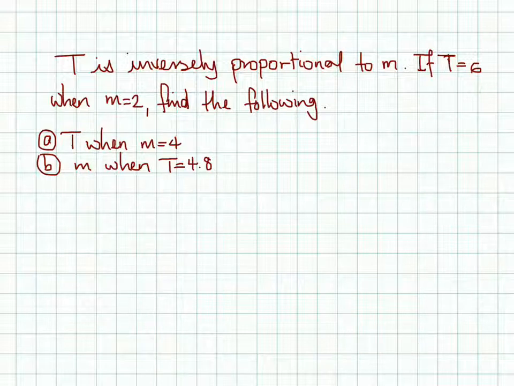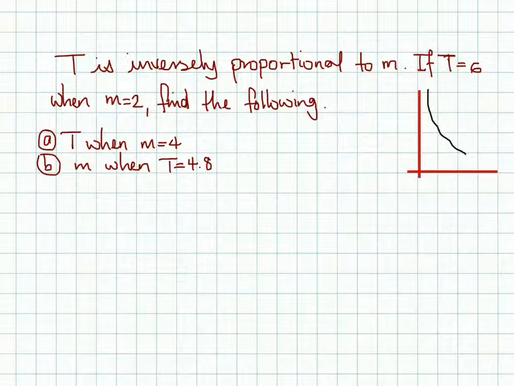So we know, if we were to plot a quick graph of it, that because they're inversely proportional, it should look like that. And so they've already given us one of the values. So let's just say this is my T and this is my M here.